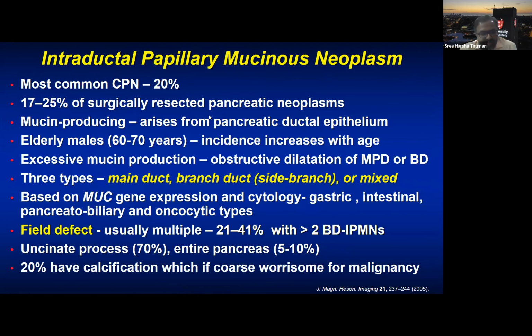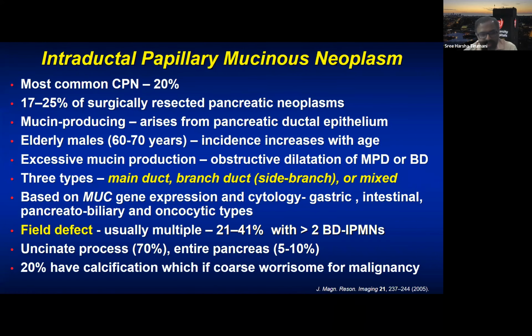Now, this is a busy slide, but I'm trying to share a lot of information on the IPMNs, because these are the most common incidentally detected cystic pancreatic lesions, and also some of the most commonly resected pancreatic neoplasms. In spite of the guidelines, a good number of these undergo surgery because of the uncertain behavior.